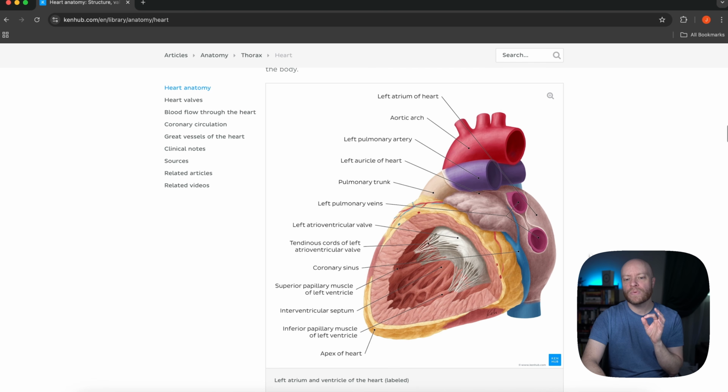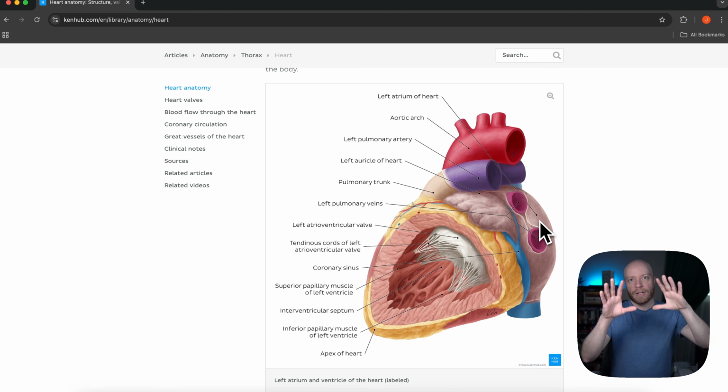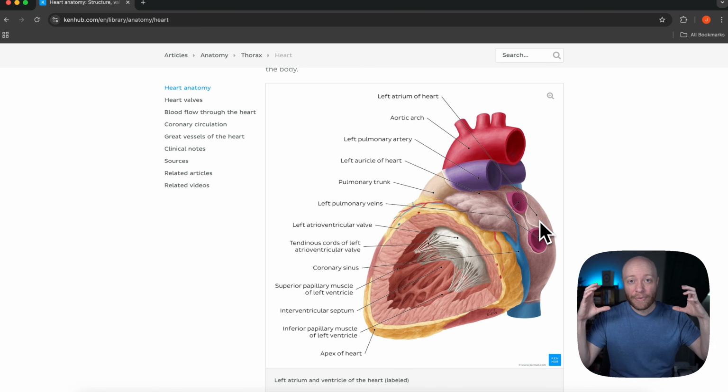Now this is actually going to be switching to the left side of the heart. However, we can still understand the basics of how the ventricles are going to work. So once again, we can see the left atrium, and now we can see inside of the left ventricle. But again, there is a left atrium and a right atrium. These are gathering centers.